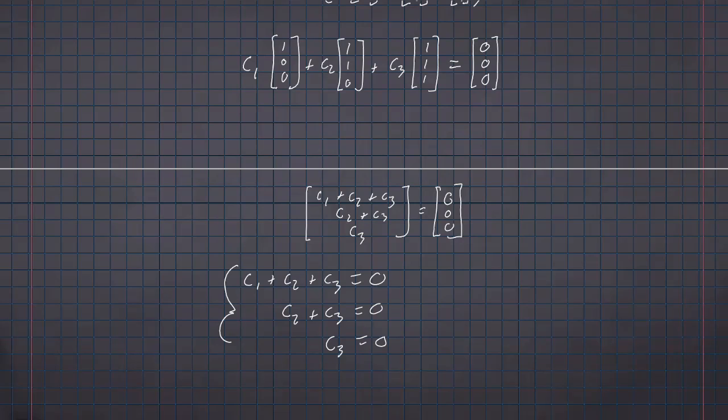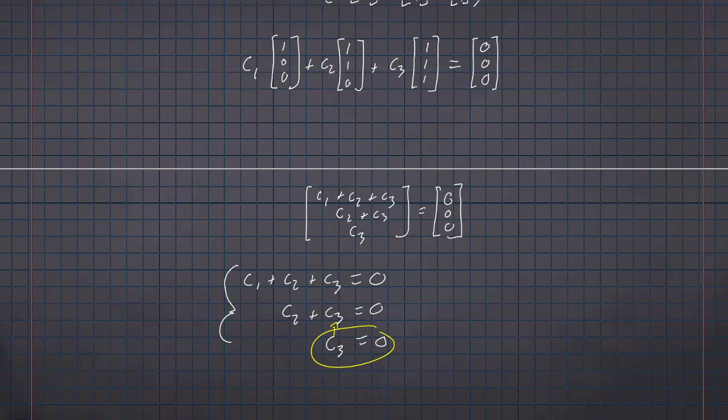A system of 3 equations in 3 unknowns. There are a lot of really powerful tools that we learned in the first part of this course that we could employ here to try to break through this. But notice that this is actually going to be incredibly easy to solve. C3 is equal to 0.